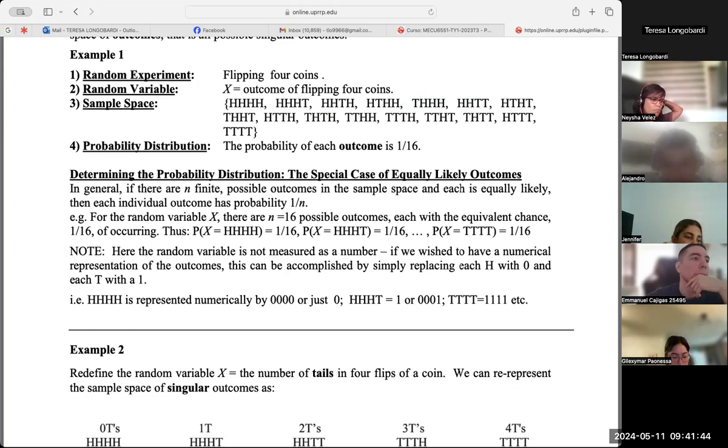The outcome looks like this every time, but we begin with the issue of how many outcomes there are. Okay, so the way to think about this is all of them are going to look like this, but they're going to be head or tail on each.